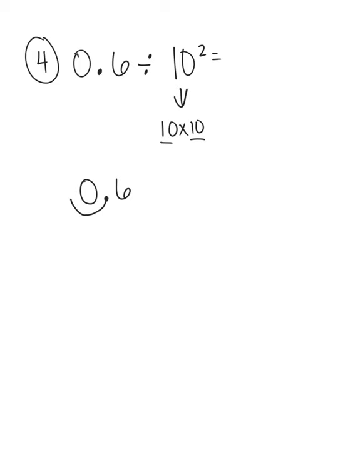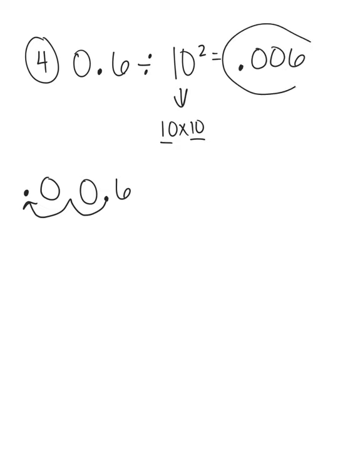So move it 1 power of 10 and the second power of 10. Put your decimal there and fill in the gap with a 0. So instead of 6/10, I now have 6 thousandths.